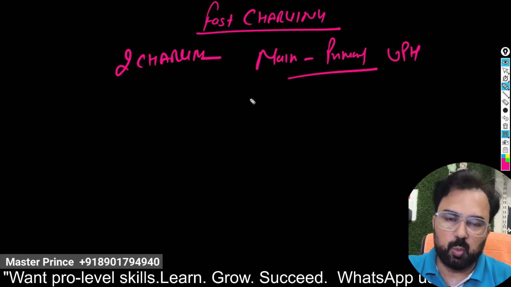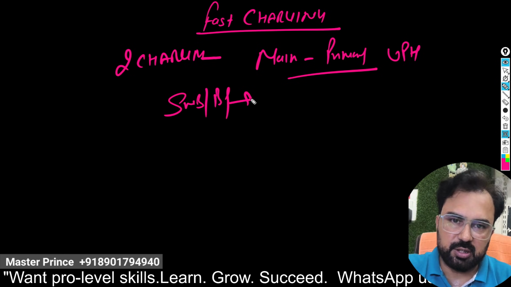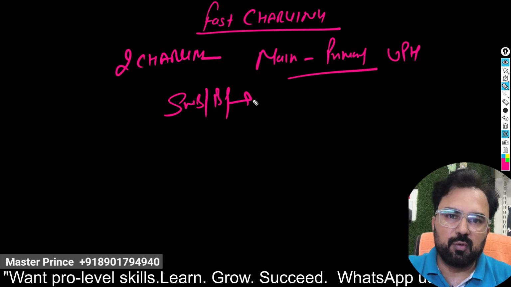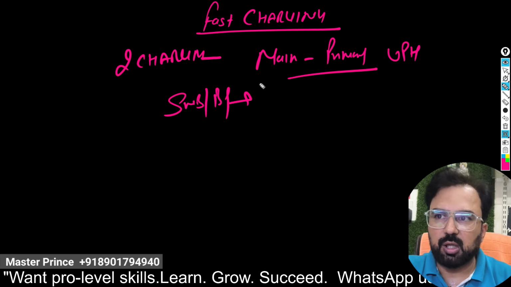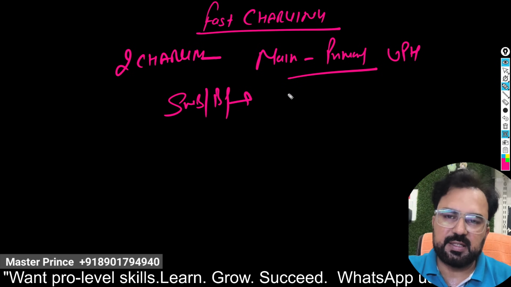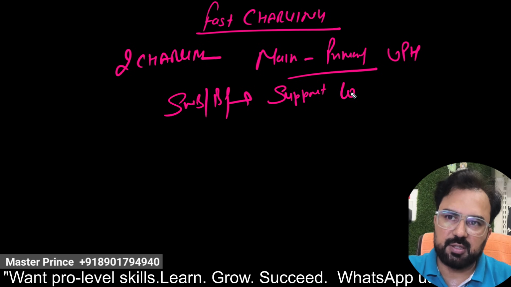The other one is a supporting charging IC like SMB or BQ. I have already told you in my videos, if you watch and make notes, you already know. These two types of IC, SMB and BQ, play a support role, or you can say work as a fast charging IC.